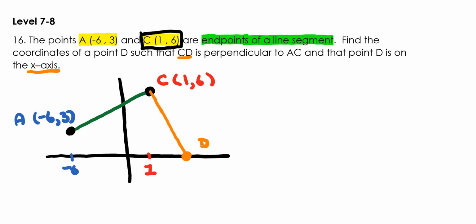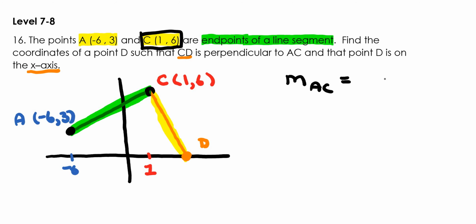So what we're trying to say here is that the green line and that orange line are perpendicular. So I would go ahead and find the slope of this green line first. If you know that slope, then you definitely know the slope of the orange line, because they're perpendicular, right? So let's find the slope of AC. The slope of AC is y2 minus y1 over x2 minus x1.